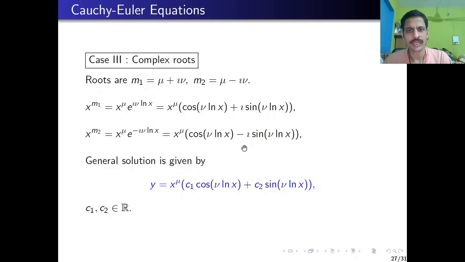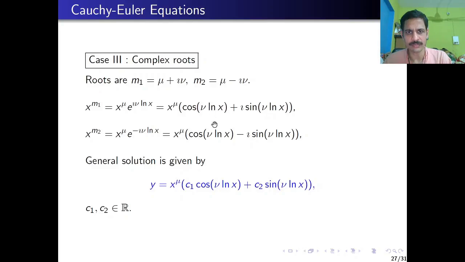On adding these two solutions, the sine terms will cancel. So we will have 2 times x raised to mu cos(nu ln x), and when you divide x raised to m1 plus x raised to m2 by 2, you get x raised to mu cos(nu ln x).